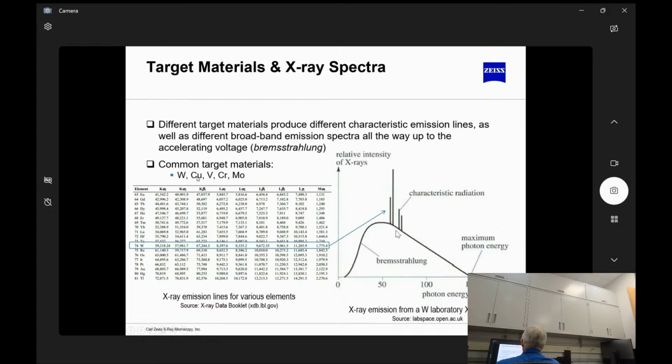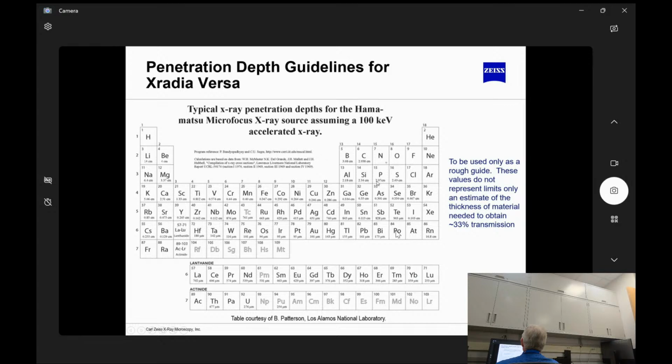For other X-ray tubes, like for X-ray diffraction, we're using a copper target, right? And here, we can see the typical penetration distances for pure elements. We can go from carbon at about 3 centimeters at 100 keV to gold at about 101 microns. That's for 33% transmission.